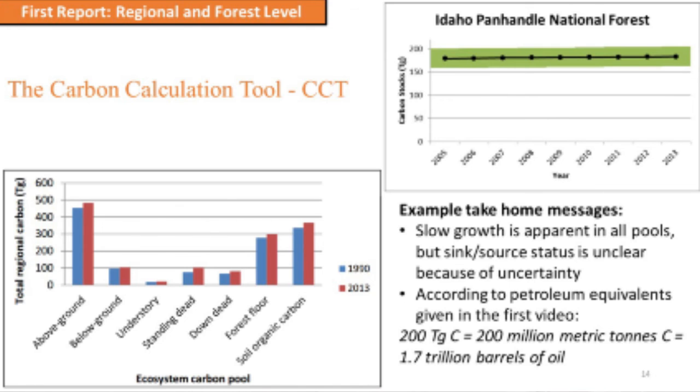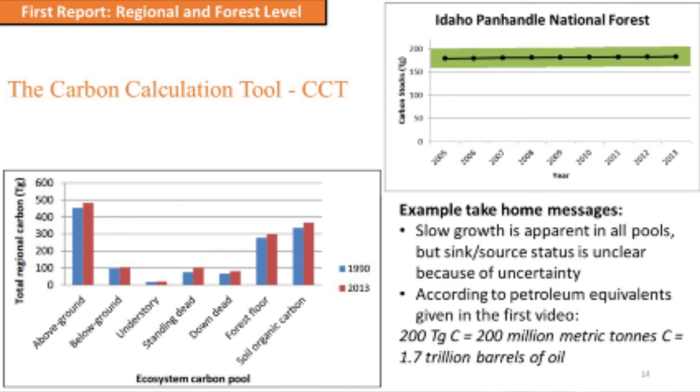So how much is stored above ground, below ground, in the understory, etc., and how it has changed. And this is another type of information, again, that is reported. This is in the first report, both at the regional level and at the national forest scale. So in the upper right, this is basically an interpolation of the carbon stocks for the Idaho Panhandle National Forest.